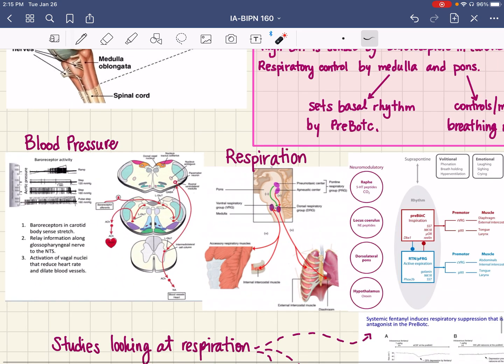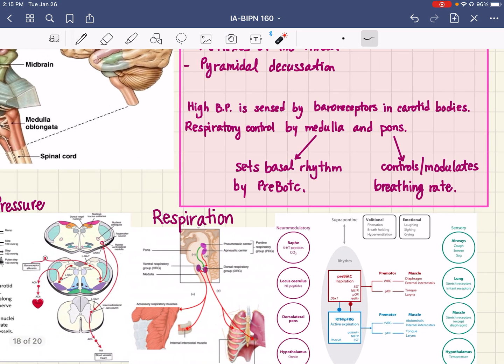Okay. The second function that is important for you to know about the medulla is respiratory control. Know that the medulla is not the only part of the brainstem that takes care of respiratory control. The pons also does this. But the distinction between them is that the medulla sets the basal rhythm for breathing, as in the normal way that you breathe when you're sitting at a table.